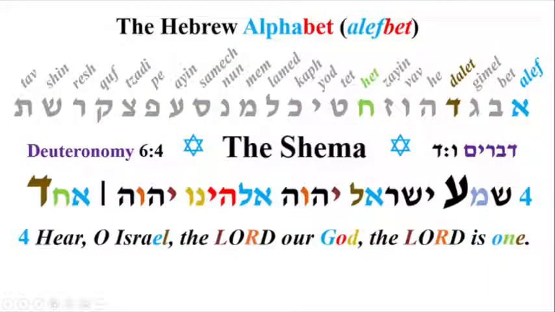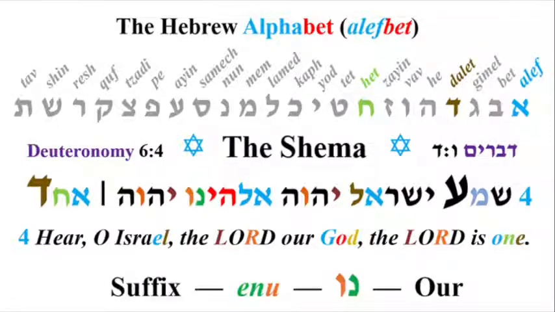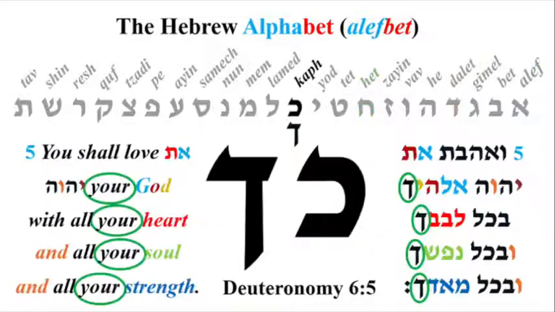If you want to make it our, look at the Shema. Hear, O Israel, Shema Israel, Yahweh Eloheinu, Yahweh Echad. If you put the Enu on the end of a word, it means our. So here's the your with the Kaph on the end. There's 4 of them in this Deuteronomy 6:5.